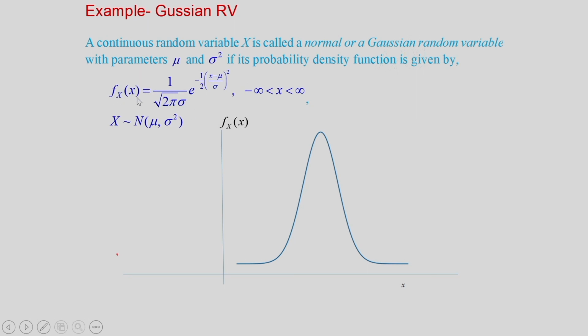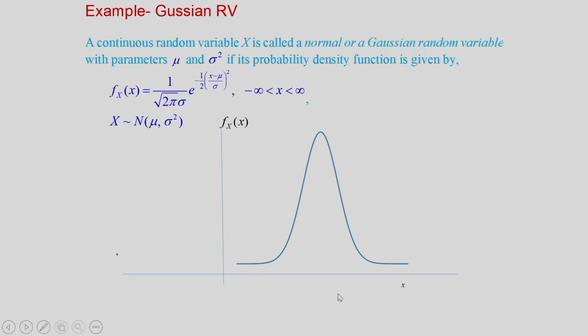Small f_X(x), the PDF at point x, is e to the power minus the quadratic (x minus mu by sigma) whole square divided by 2, and this term is normalized because it is a PDF, normalized by root over 2 pi into sigma. So, this distribution occurs in many practical situations naturally, and we denote the normal distribution by X distributed as normal with parameters mu and sigma square.